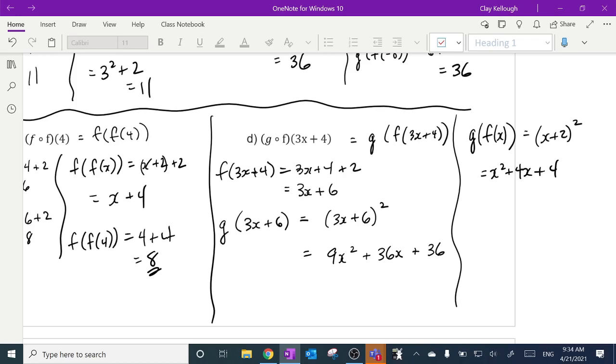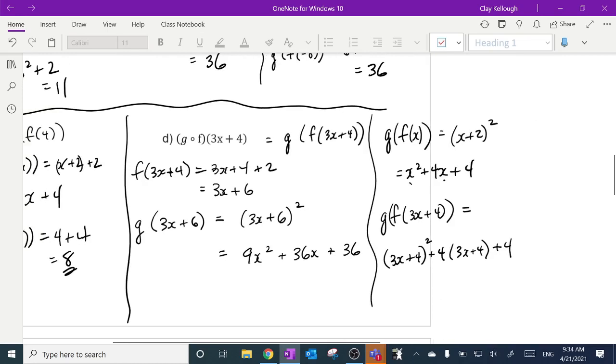So now let's find g of f of 3x plus 4. Now we replace these two x's with 3x plus 4. So that's going to be (3x plus 4) squared plus 4 times (3x plus 4) plus 4.